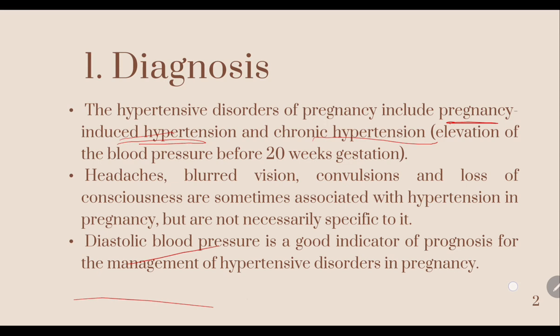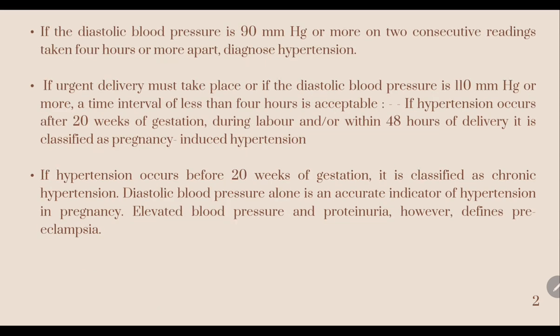Diastolic blood pressure is a good indicator of prognosis of the management of hypertensive disorder in pregnancy. So what we need to look at more importantly is the diastolic blood pressure. If the diastolic blood pressure is 90 mmHg or more on two consecutive readings taken 4 hours or more apart, diagnose hypertension.